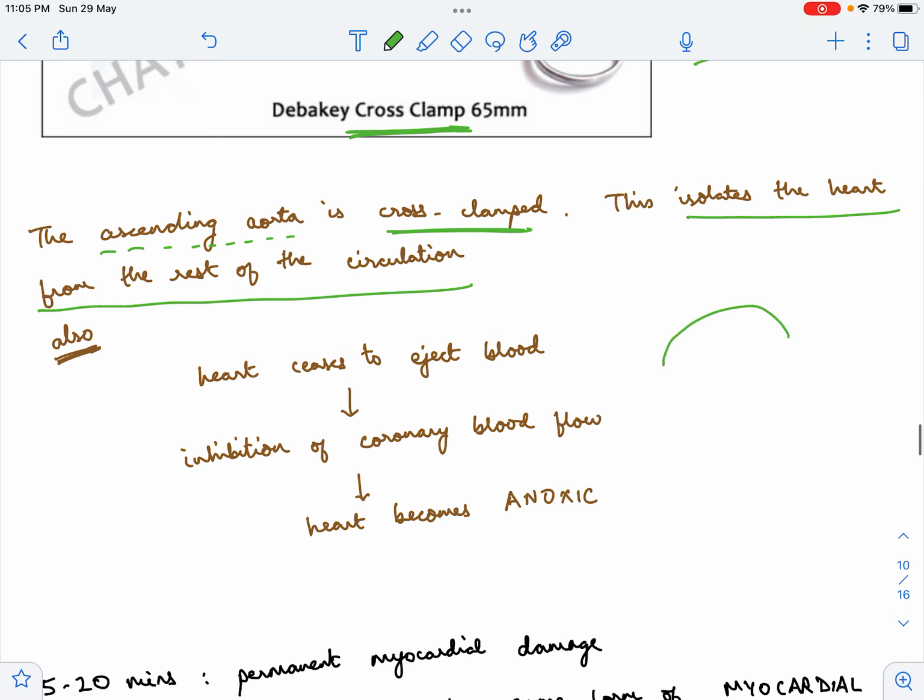Supposing this is the arch of the aorta and you have the root over here, right? Supposing you place a clamp, I'll use a different color, over here. So, now there is no blood flowing here. So, this becomes isolated, and the coronary arteries which come like this are isolated. Now, why do we need to isolate the coronary arteries, and how would we use it to our advantage? We will discuss.